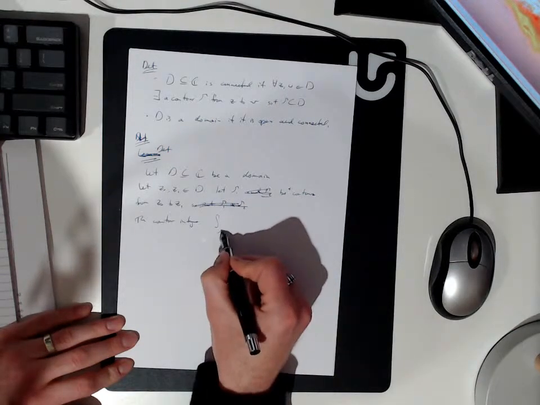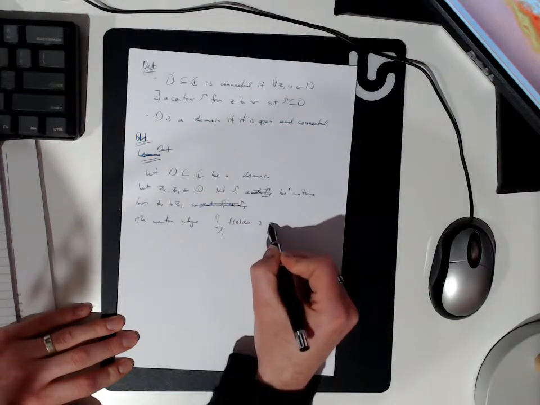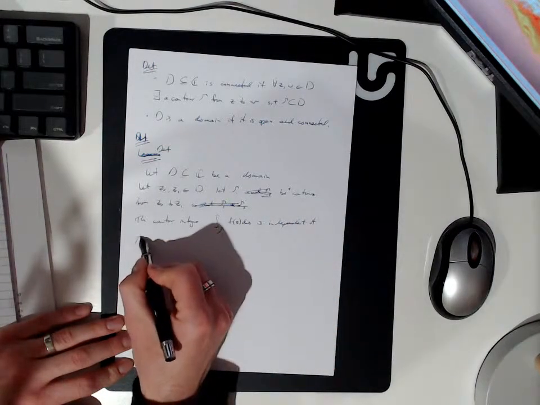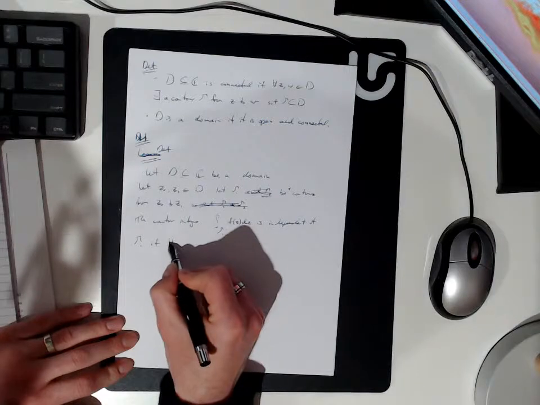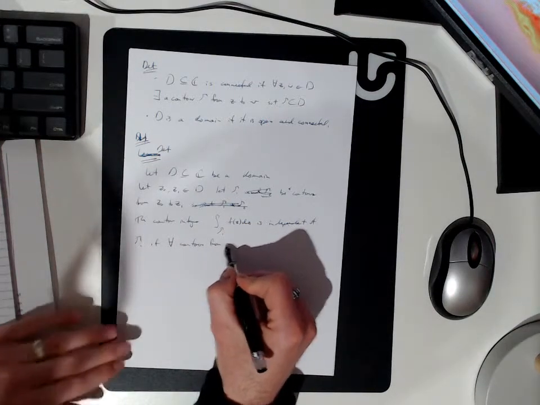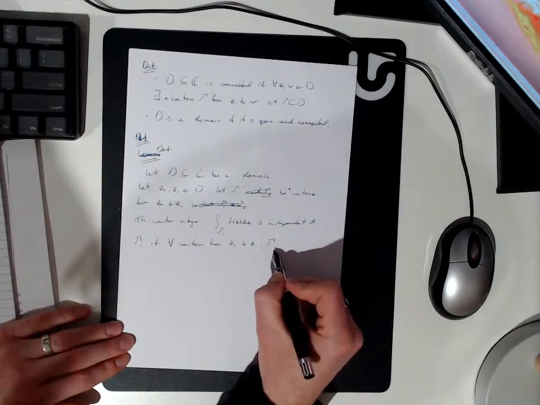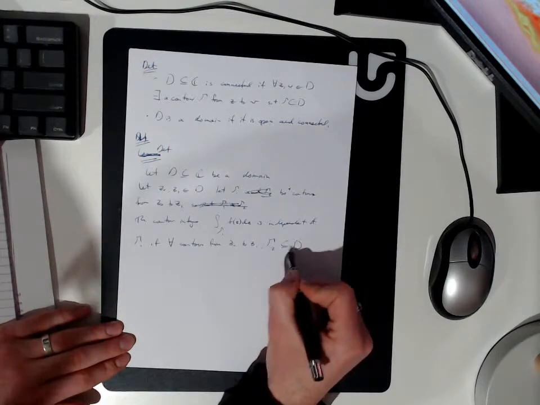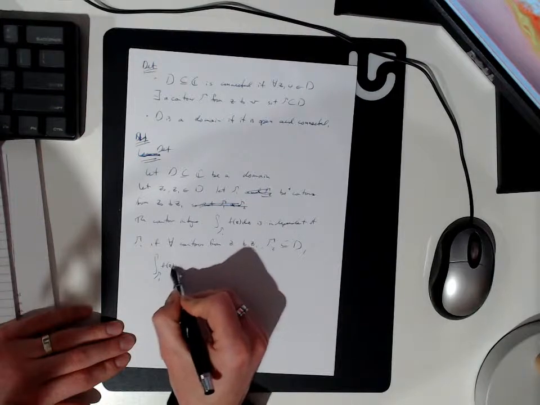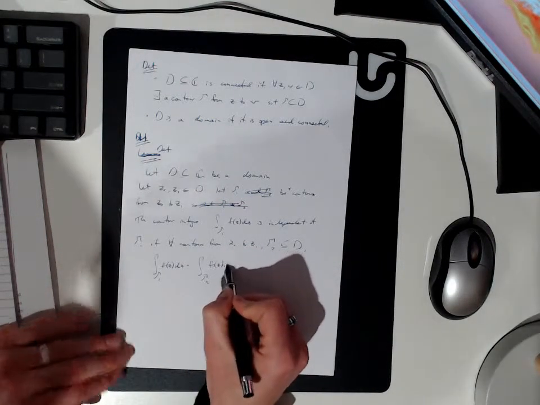The contour integral over gamma is independent of the path if for all contours gamma 1 and gamma 2 from Z0 to Z1 inside the domain, the integral over gamma 1 of f(z) dz is equal to the integral over gamma 2 of f(z) dz.